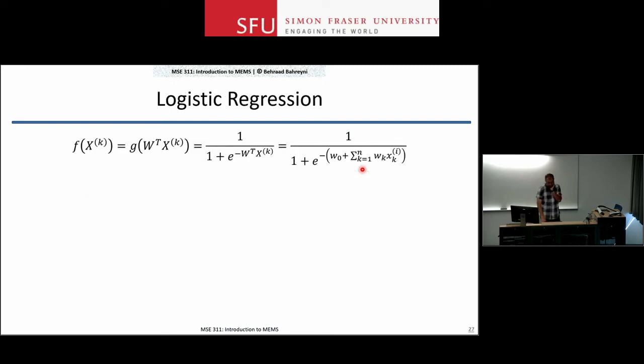Now logistic regression takes advantage of that. In logistic regression, the function that we chose is g, the sigmoid, of these weights times features. If I want to expand it, this is how it looks. This is the function that I'm going to assume describes the relationship between the feature vector x and the output y.